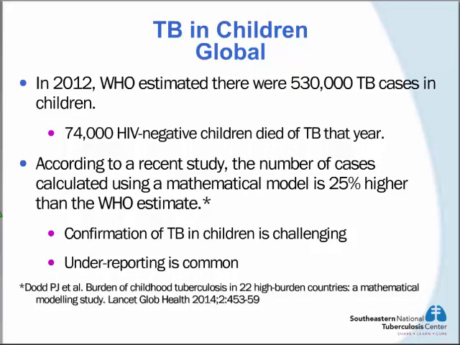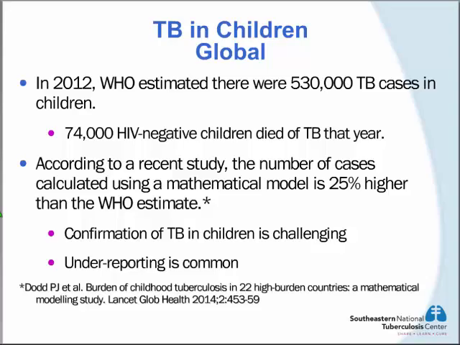Now, looking specifically at children, in 2012, the WHO estimated that there were 530,000 TB cases in children. Of these children, 74,000 were HIV-negative children that died of TB just in that year, in 2012.